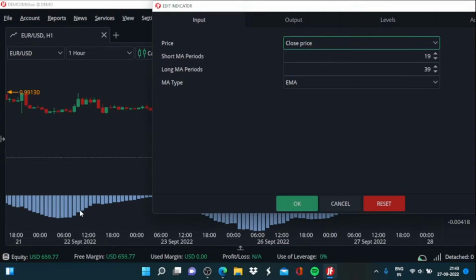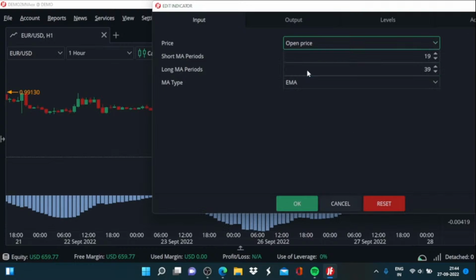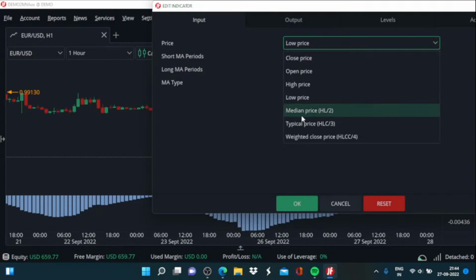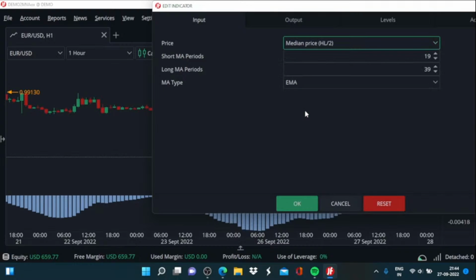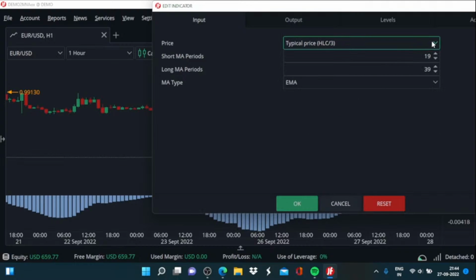If we consider different applied prices, suppose we go for the open price, then the plotting of the oscillator changes somewhat. High price, again there will be some change. So depending on what the oscillator's input parameters are, we will have the output measured differently. The typical price, weighted close price.